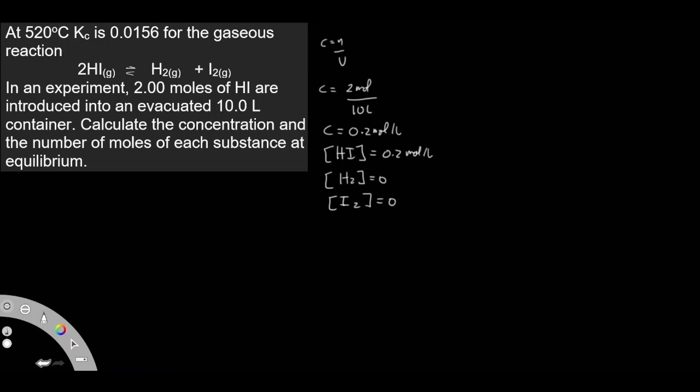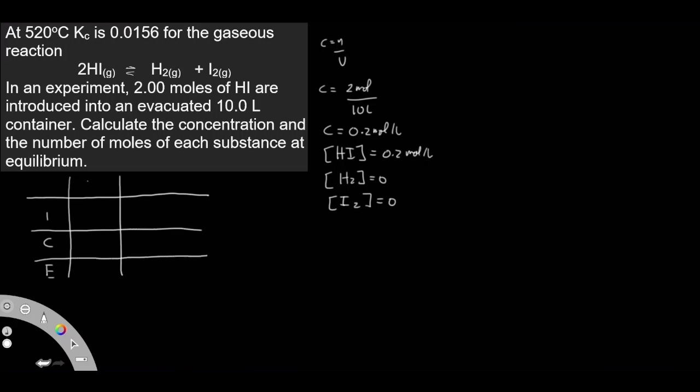Now let's write in a little ICE table. I'm going to put our first reactant on the left side, then we'll have our products over here.